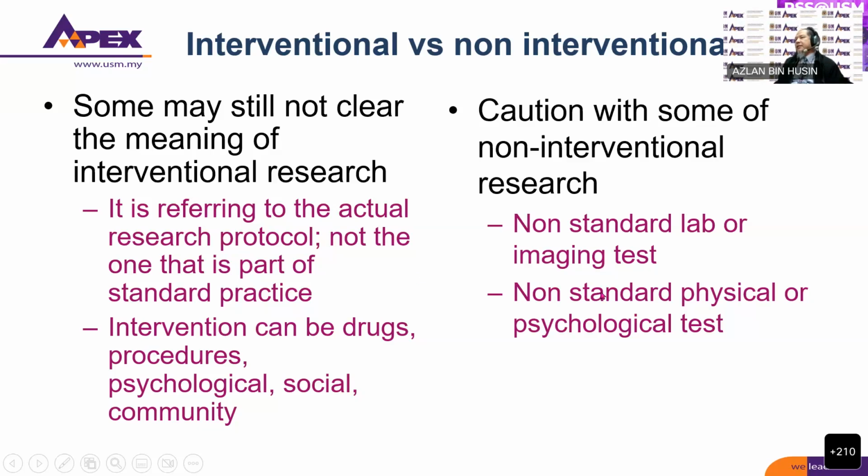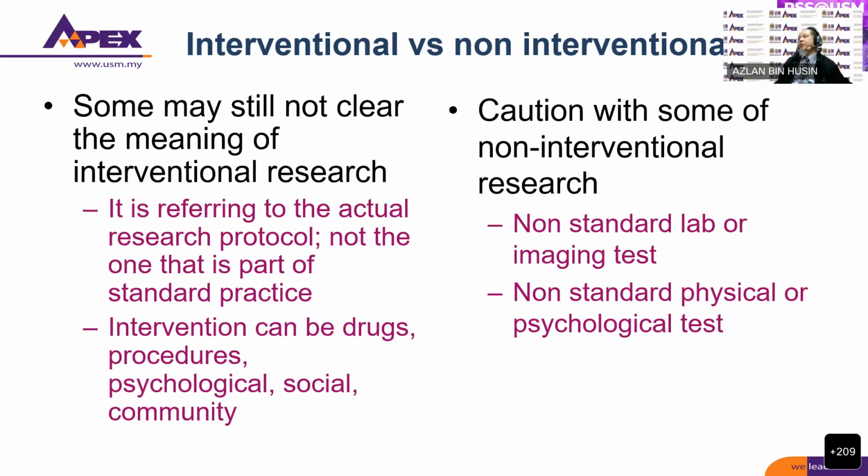And something that is commonly missed is that if you are doing observational research, you do nothing to the patient's treatment, nothing to the psychological component of it. But if you are doing a non-standard lab test or non-standard imaging test, then you should consider the budget. Who will pay for this?